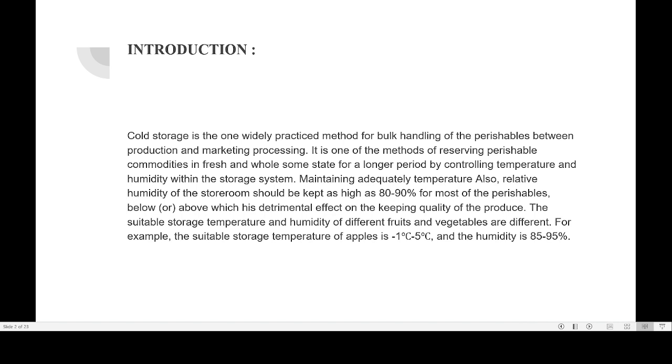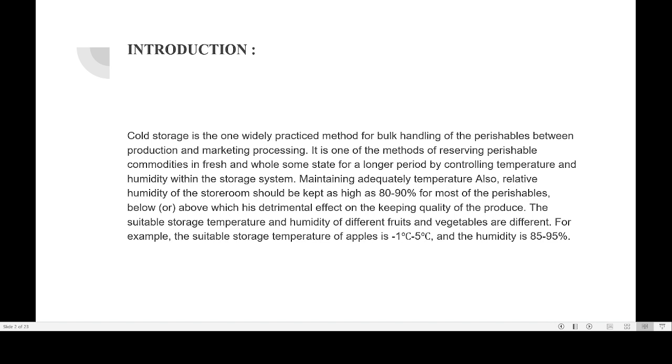Cold storage is one of the widely practiced methods for bulk handling, and it is a difficult process. Between production and marketing, it is one of the major criteria to maintain or monitor, whether in a container, tank or any other industry.